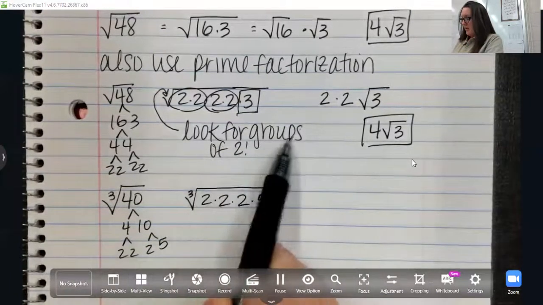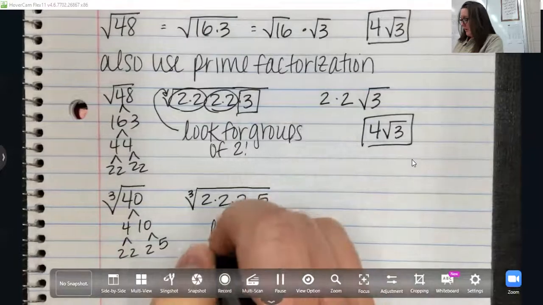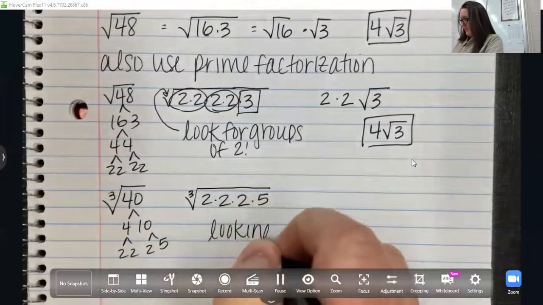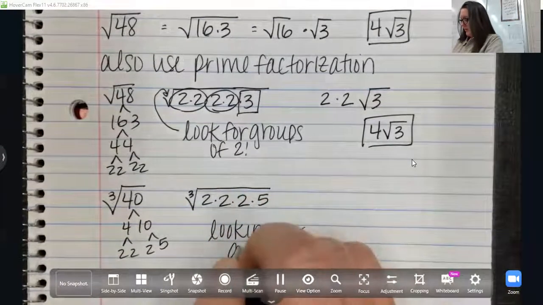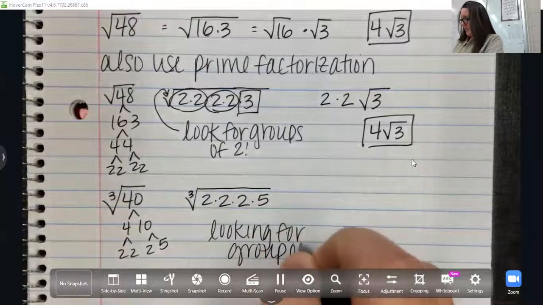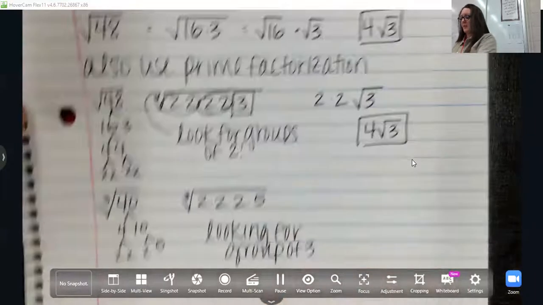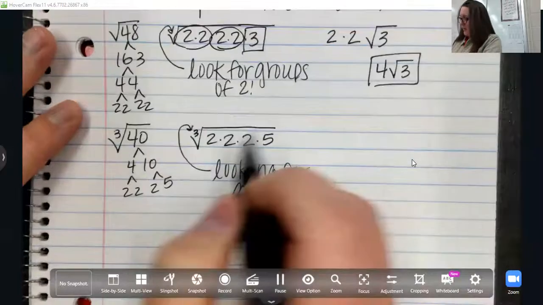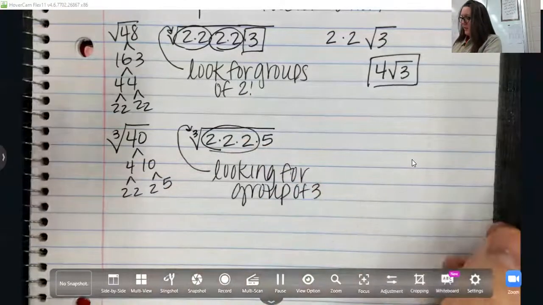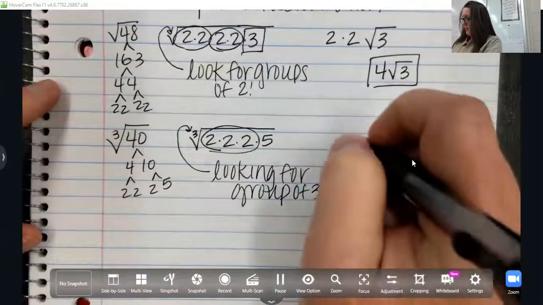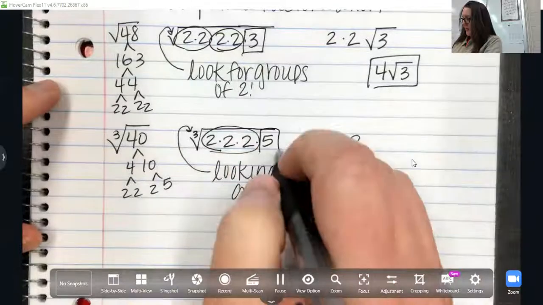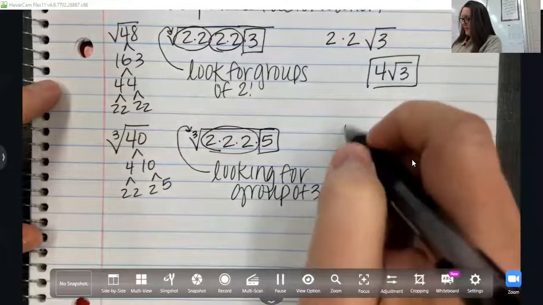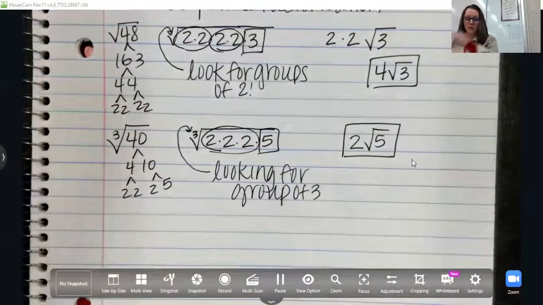So instead of looking for groups of 2, I'm going to be looking for a group of 3, right? Based on my index. Your index is this number. So I have a group here. So once you find one group, you can take one of the 2's out. 5 doesn't have a group, so it stays inside. So your answer there is 2 root 5.